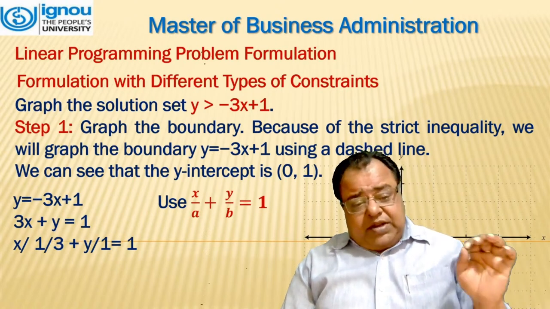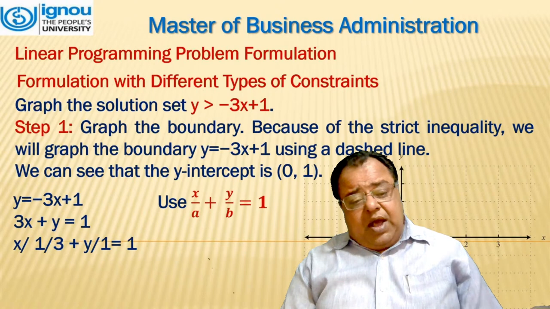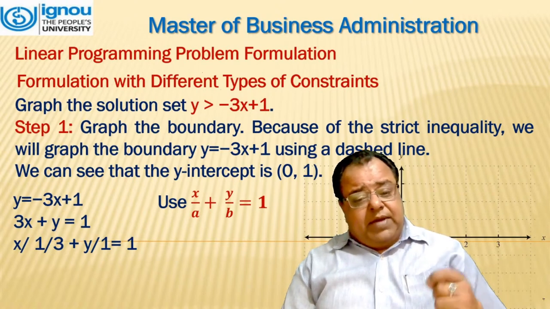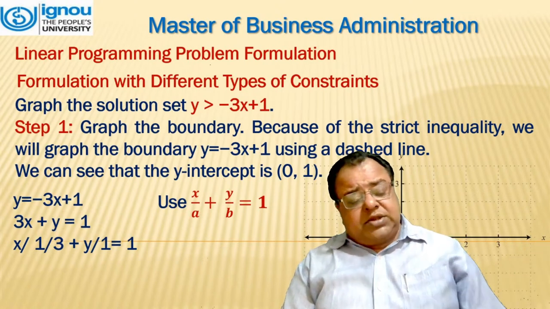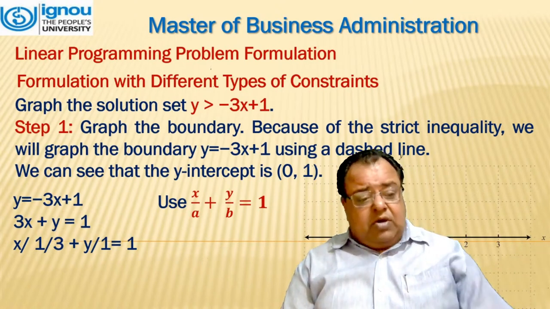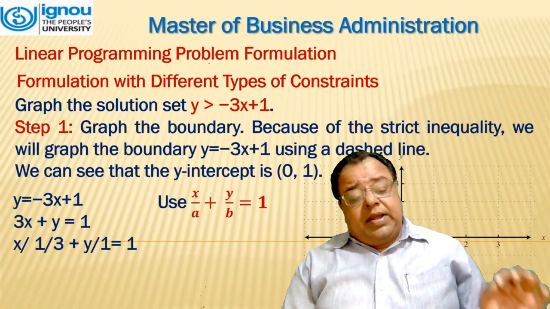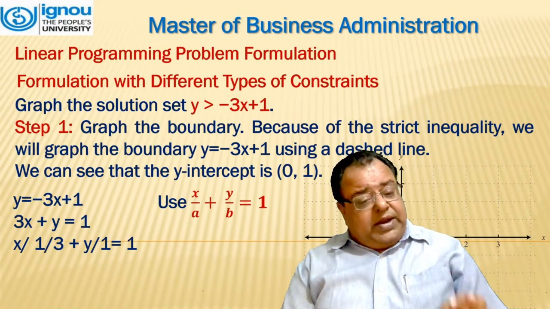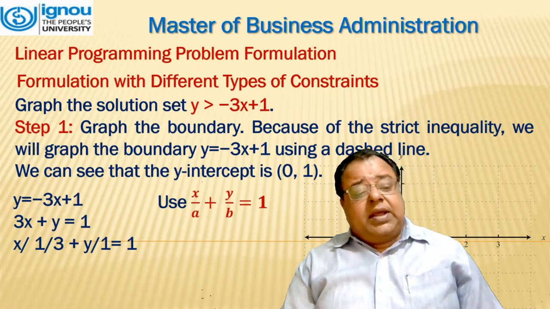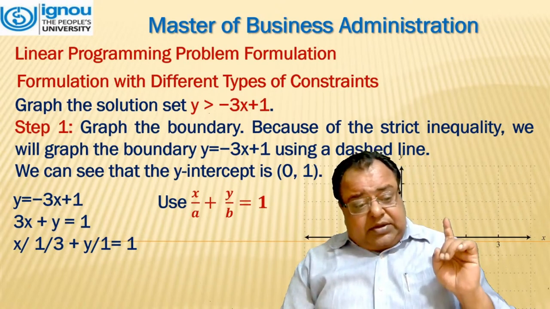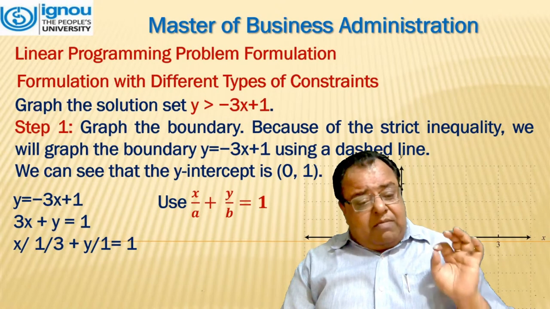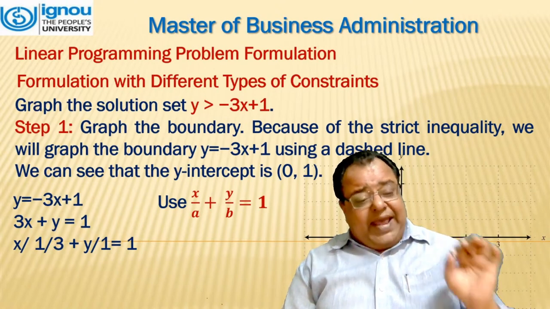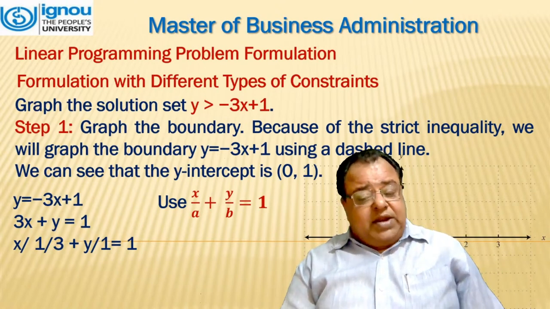Now we have to convert this equation into the form x by a plus y by b equal to 1. We will be bringing this coefficient 3 of x down to the denominator. That will be x upon 1 by 3 plus y upon 1 equal to 1. That means 1 by 3 comma 0 will be the point on the x-axis where this line will cut.